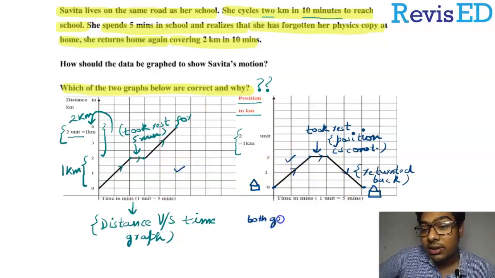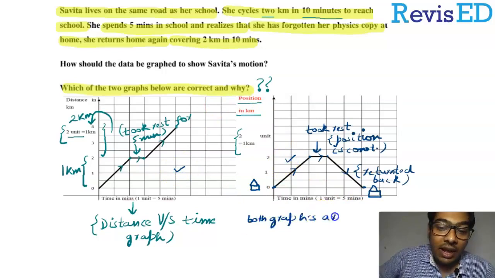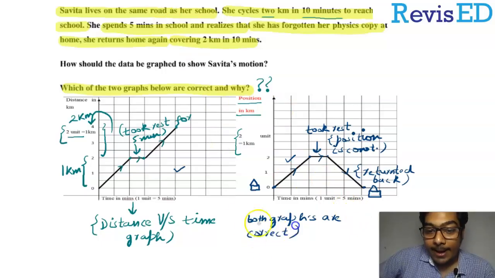She started from home and returned to home. So both of the graphs are correct. Let us write: both of them are correct in nature. This is our answer.